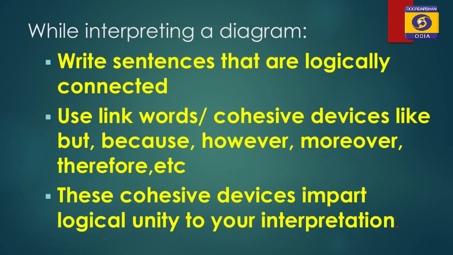So, remember, you must have been taught that in paragraph writing you have to write logically connected sentences. A few logically connected sentences can only make a paragraph. Otherwise, if the sentences are disparate, not logically connected, they are stray sentences, then you may get a passage, but you will never get a paragraph.